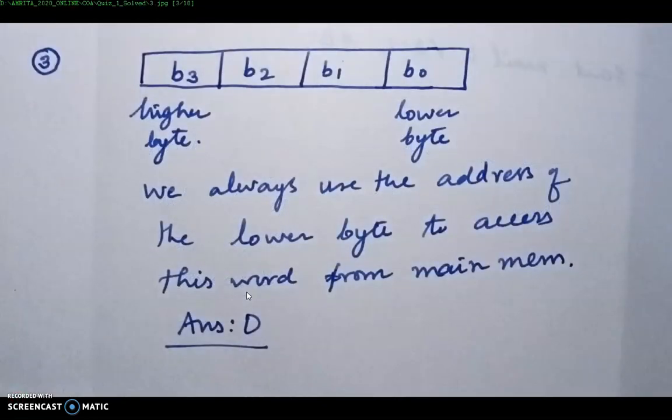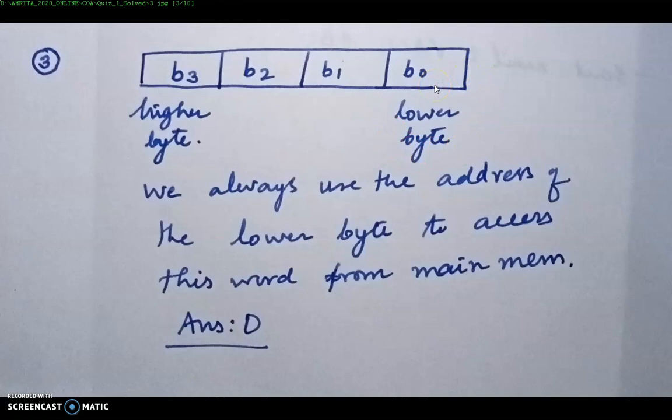So look at the figure. This is your integer B0, B1, B2, B3. This is the lower byte and this is the higher byte. So we always use the address of the lower byte. Now the question is, what address will be there for the lower byte? This depends on the endianness of the system. If you follow a little endian system, the lower byte will be at a lower address, whereas if it is a big endian system, the lower byte will be at a higher address.